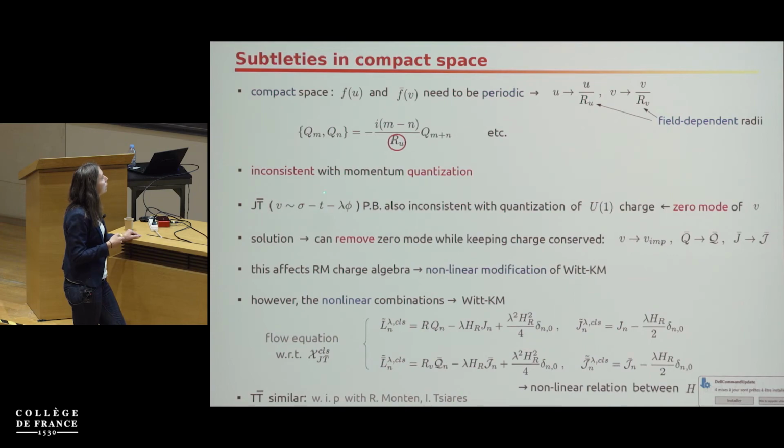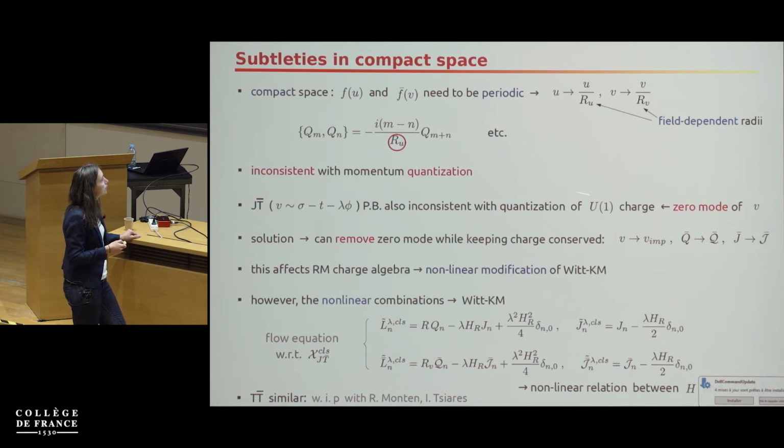If you look at the particular case of JT bar, where I remind you that the field-dependent coordinate is something like this with a phi, you also find an inconsistency of the Poisson bracket with the quantization of the U1 charge, because we also have a U1.